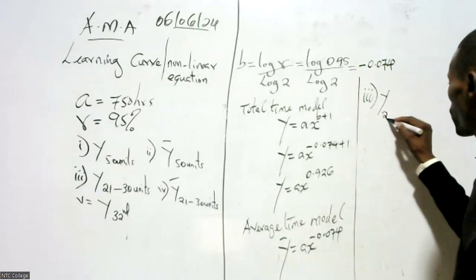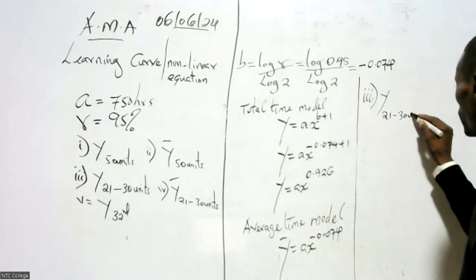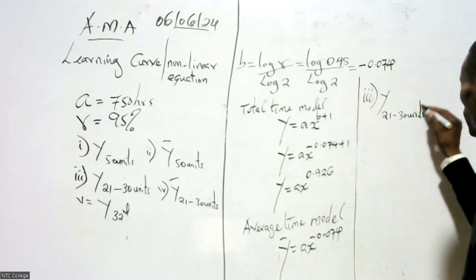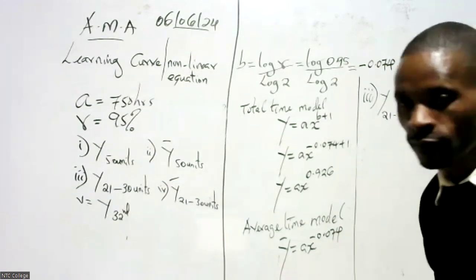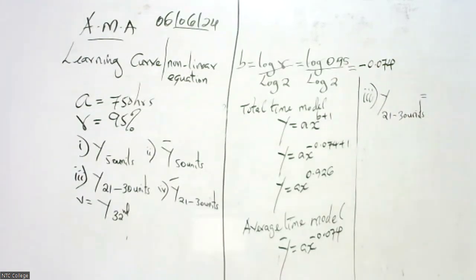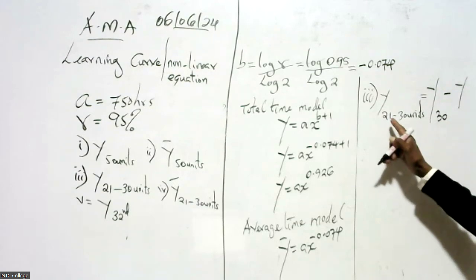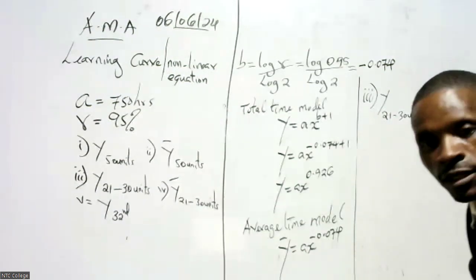Why 21 to 30? My good students, here we are accounting for 21 to 30. Meaning, I'll take total time to produce 30 units minus total time to produce how many units, so that I can get 21 to 30? Just try.